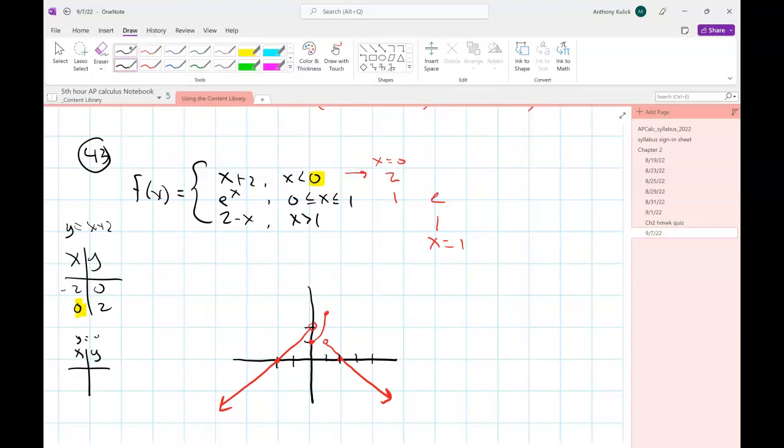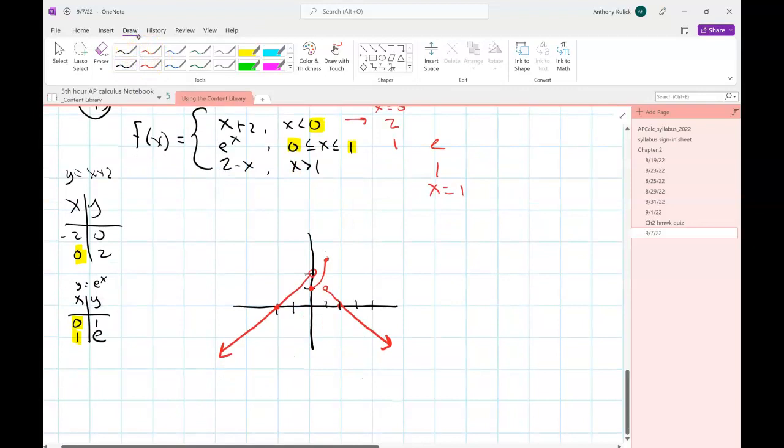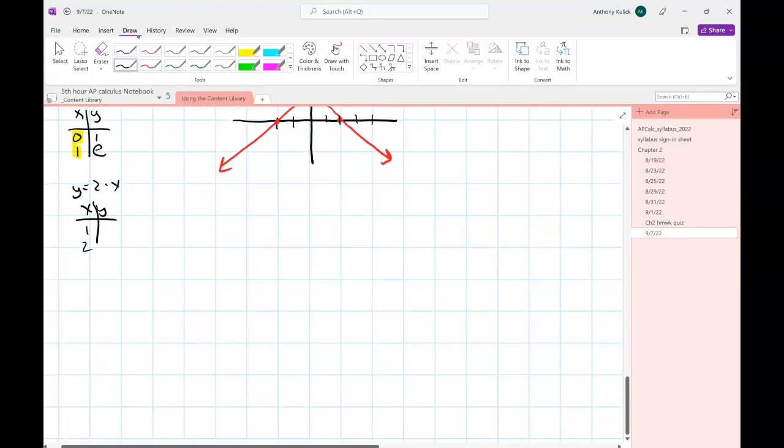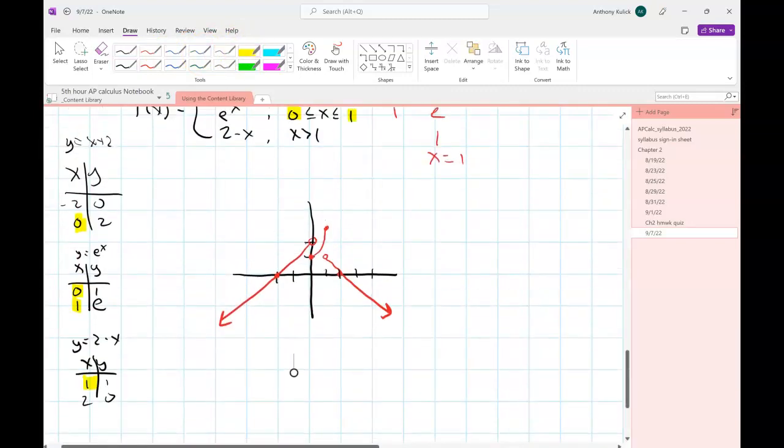And then y equals e to the x, I did 0 and 1, which gave me 1 and e. And again, I had to use 0 and 1 because those are the boundaries. And then the last one, y equals 2 minus x, made my xy table, had to use 1, and the other value I used was 2. And I had to use 1 because it was one of the boundary values. But that's all I did.